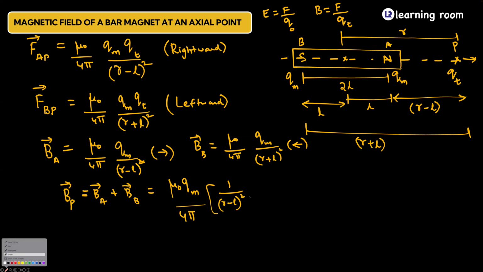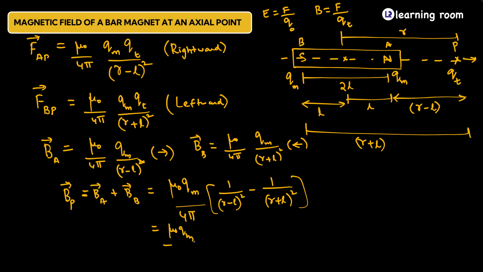Why? Minus 1 by (R plus L) the whole square. Because rightward, if you take it as positive, left side is going to be negative. So it will be mu naught into Qm divided by 4 pi into (R plus L) the whole square minus (R minus L) the whole square, the whole divided by (R square minus L square) the whole square.